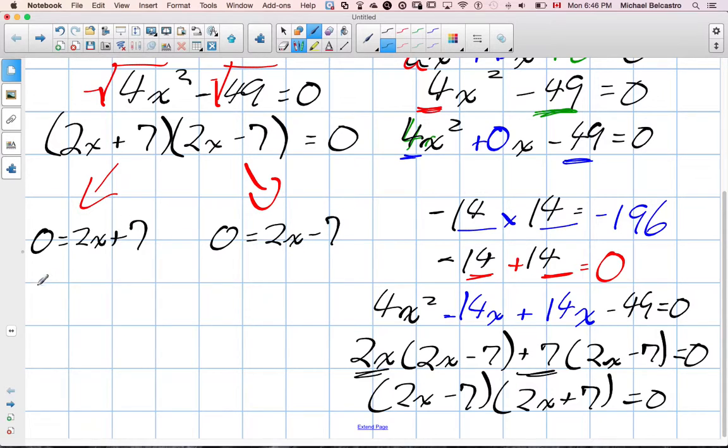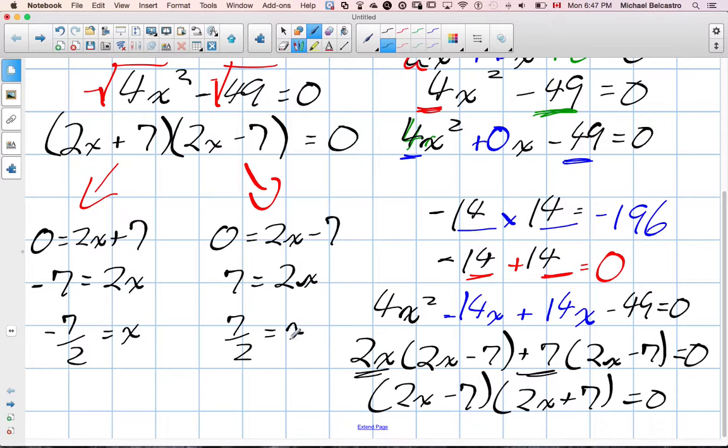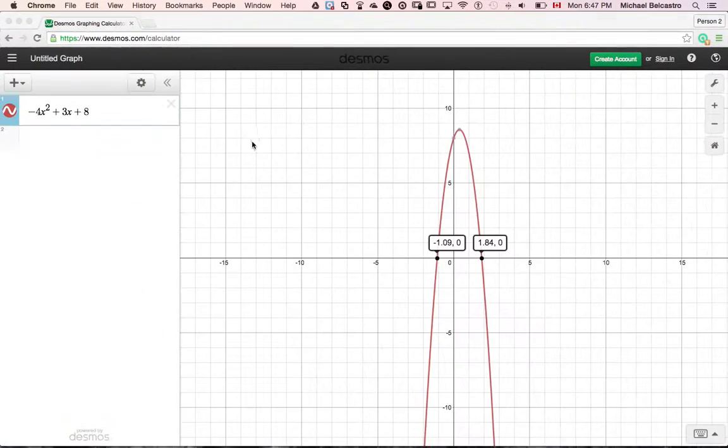When I move positive 7 over, I'll get negative 7 is equal to 2x. When I move negative 7 over, I'll get positive 7 is equal to 2x. So my x-intercepts are negative 7 over 2 and positive 7 over 2, which is essentially positive 3.5 and negative 3.5.